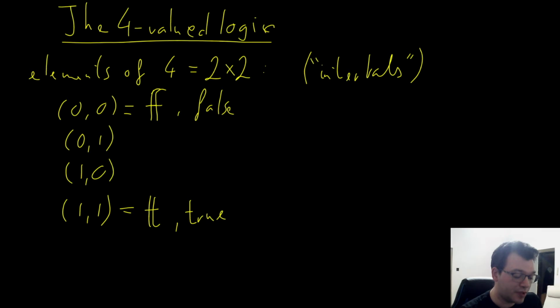Now 0,1 is the unknown value, so if you just think about it a bit, you have an interval which contains both 0 and 1, so we don't really know which is the actual value. This is denoted by a bottom symbol. It has a reason, and we will see the reason soon, but this is the so-called unknown value.